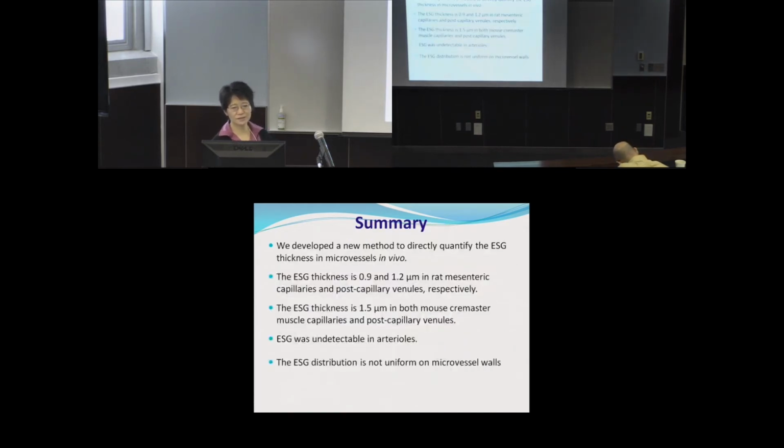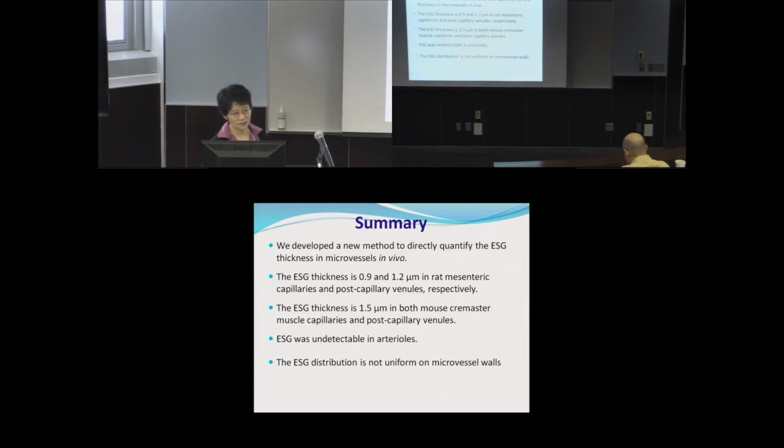So here is a summary for the first part. We developed a new method to directly quantify the surface glycocalyx thickness in microvessels in vivo. And we found that there is about 1 micron thick surface glycocalyx in rat mesenteric capillary and post-capillary venule, and 1.5 micron in mouse cremaster muscle capillary and post-capillary venule.